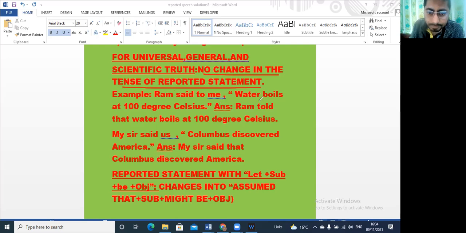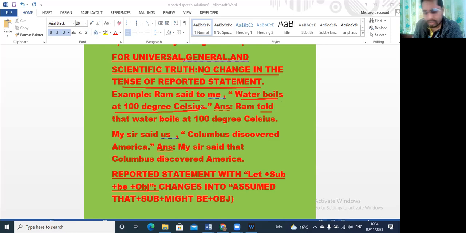Ram said to me, water boils at 100 degrees Celsius. What is the answer? Ram told that. Said to is changed into told, we have learned this before. What is the reported statement here? Water boils at 100 degrees Celsius. It represents scientific truth.